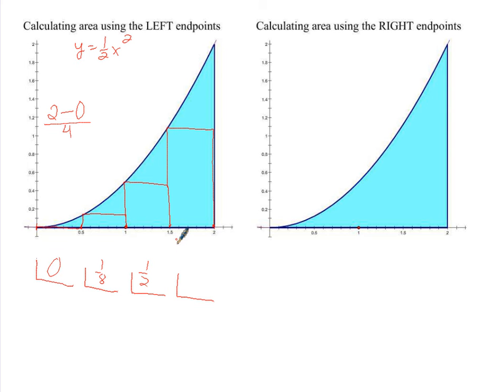And then finally, 1.5 is 3/2. 3/2 squared is 9/4. 9/4 times 1/2 is what? I'm not doing all the thinking. 9/4 times 1/2. 9/8.